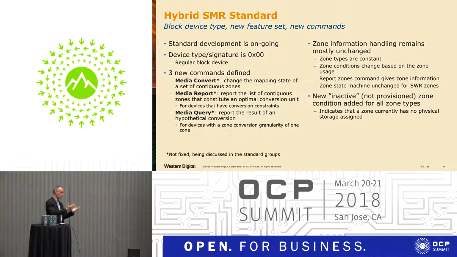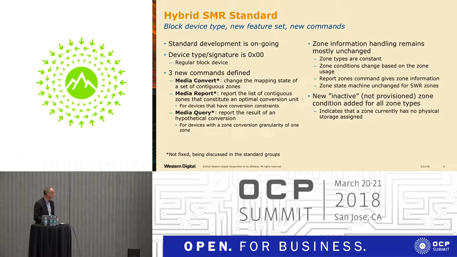If you want, for example, to activate some zones in the SMR LBA space, what are the zones that you need to deactivate in the CMR LBA space? Since the same physical space cannot be used for both LBA spaces, you need to know what the impact of an activation is going to be, and these commands will allow the host to discover that.